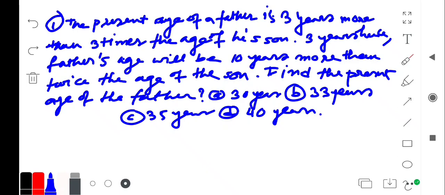Find the present age of the father. First you may solve it, then I go. Okay, try it.